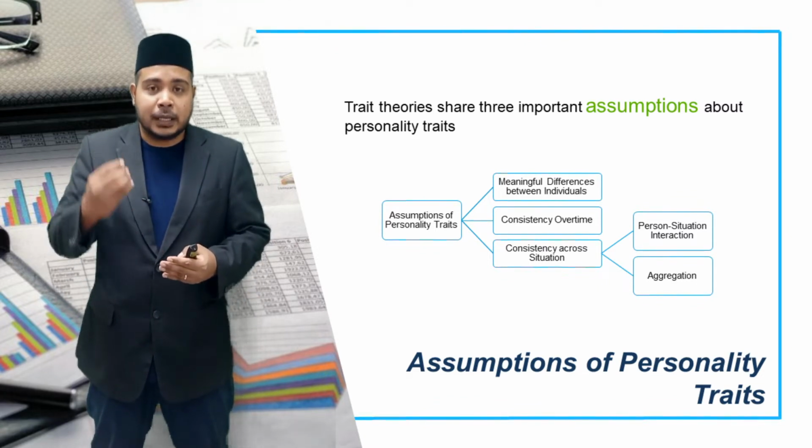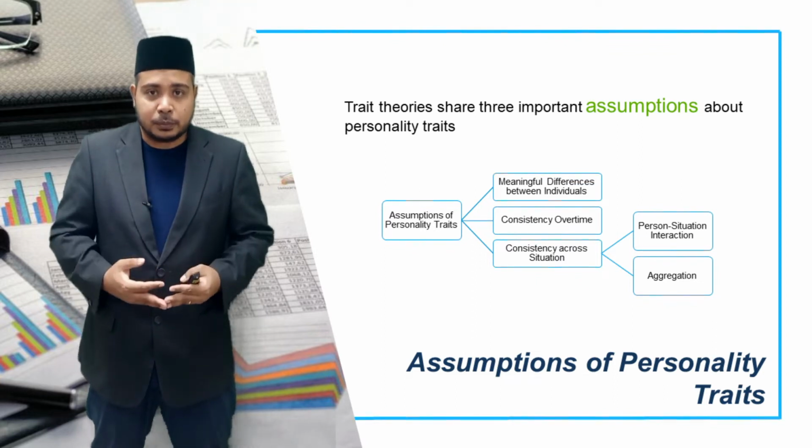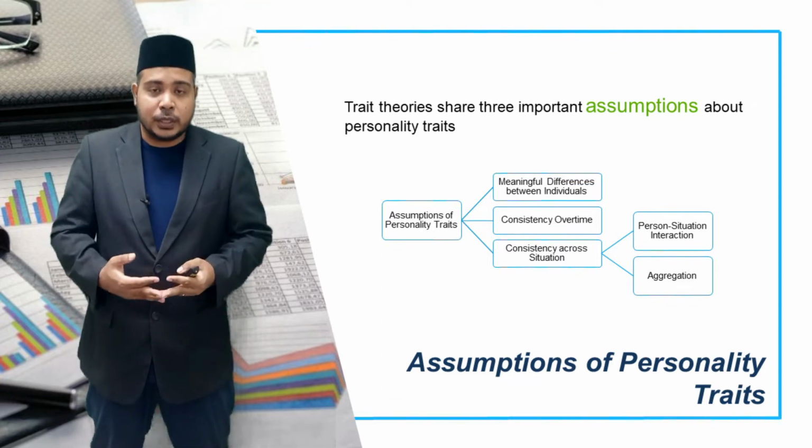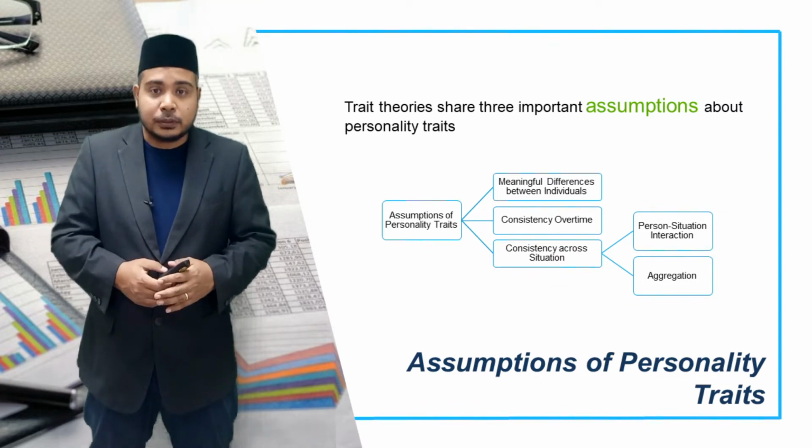There are always meaningful differences in terms of personality. Even though you are coming from the same family, or even if you are twins, there are always differences in terms of personality, meaningful differences.